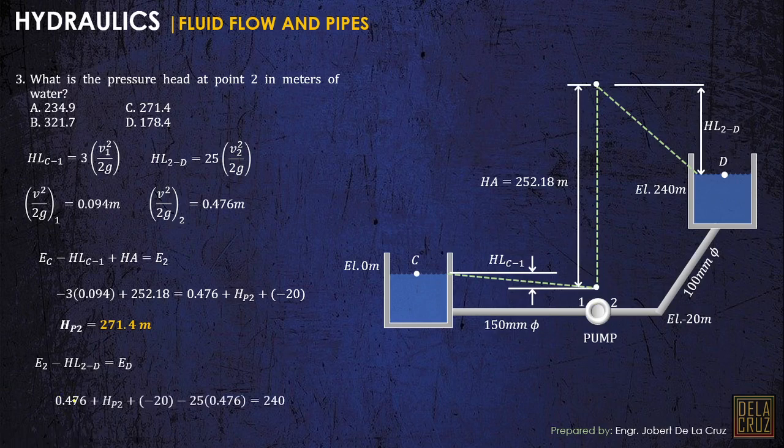The velocity head at point 2 is 0.476, plus the pressure head denoted as HP2, plus the elevation, minus the head loss from point 2 to D. The head loss is 25 times V2 squared over 2g. This equals the energy at D, whose elevation is 240. Then the result is the same.